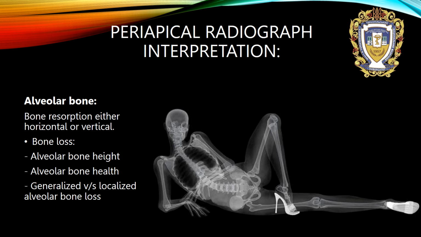Alveolar bone. Bone resorption, either horizontal or vertical. Bone loss can be assessed by alveolar bone height, alveolar bone health, and generalized versus localized alveolar bone loss.